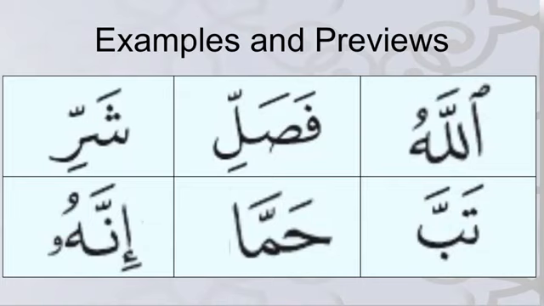That's what you see on your screen on the right-hand side. But there are two peculiar things about this word. Actually three if you count the Hamzatul Wasl, but we're not going to count it.